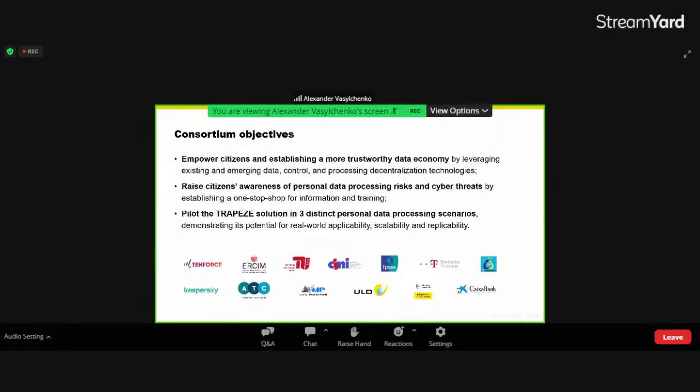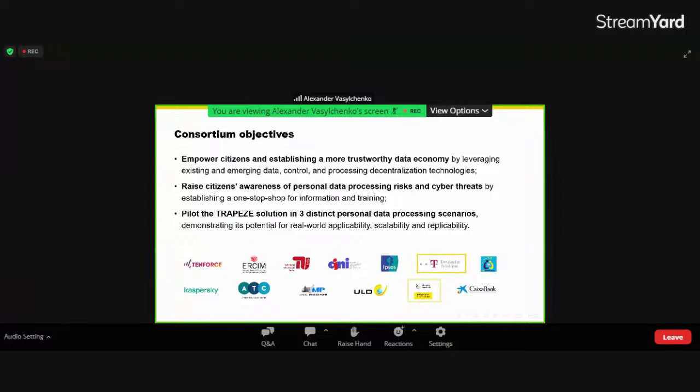The consortium has 3 main objectives: to empower citizens and establish a more trustworthy data economy by leveraging existing and emerging data control and processing decentralization technologies; to raise citizens' awareness of personal data processing risks and cyber threats; and to pilot the TRAPPIST solution in 3 distinct personal data processing scenarios.